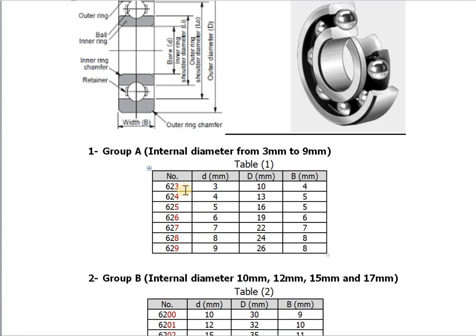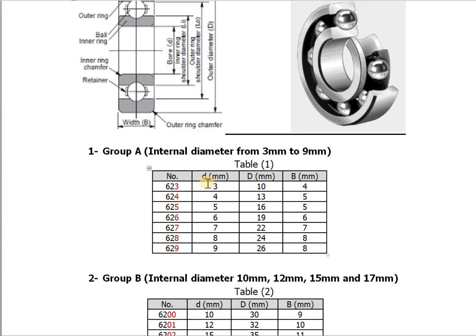Here we can see only 3 digits. The first digit indicates the type of the bearing, the second indicates the load series, and the third indicates the internal diameter.